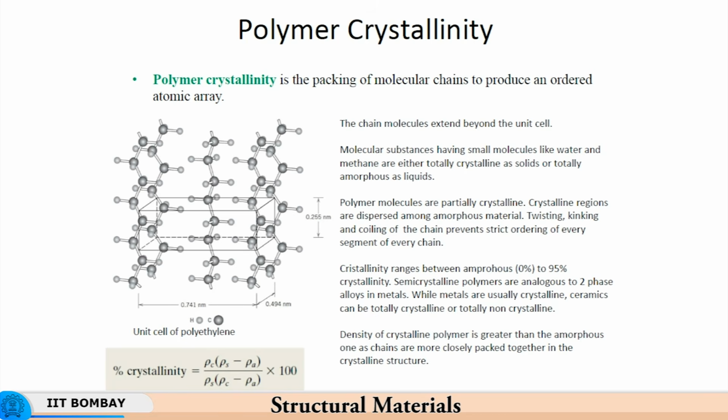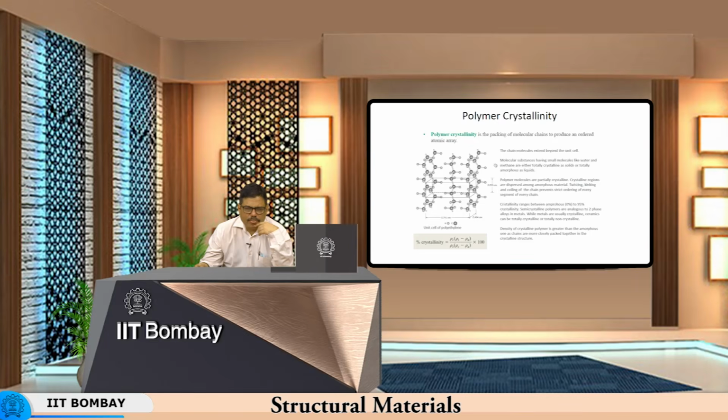This ordered atomic array is produced by appropriate coiling of these chains. The polymer chains are the same, but the way they are arranged results in the ordered atomic array. So the chain molecules extend beyond the unit cell. Molecular substances having small molecules like water and methane are either totally crystalline as solids or totally amorphous as liquids.